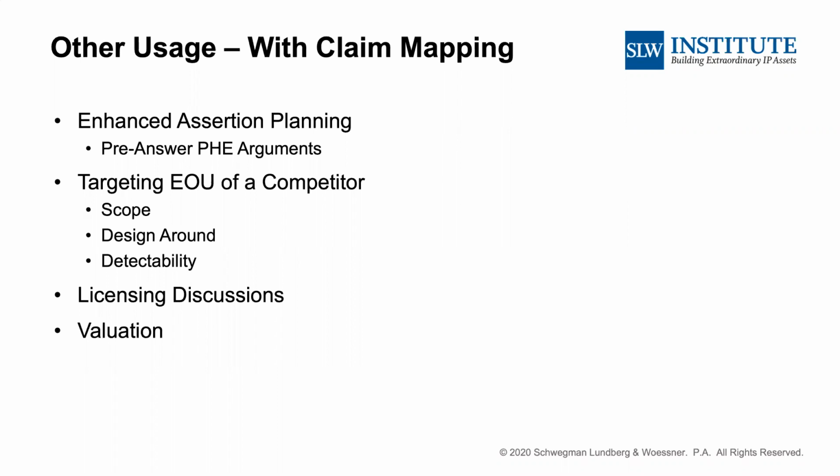Yeah, I found claim mapping to be extremely useful, especially in discussing freedom to operate with business managers who don't have much of a patent background. The dynamic nature of the spreadsheet that you're using allows a business person or an inventor to immediately see why a particular product might be cleared.